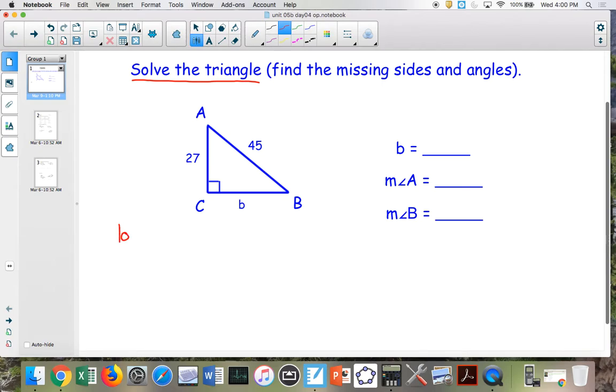So Pythagorean theorem says b squared plus 27 squared equals 45 squared. And I'm going to need my calculator to figure out 27 times 27 and 45 times 45. But before I grab the calculator, let me subtract 27 squared from both sides.